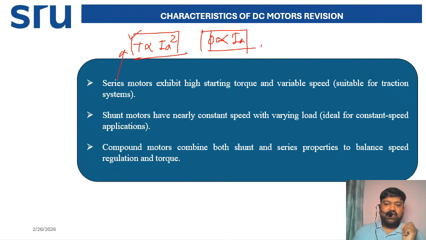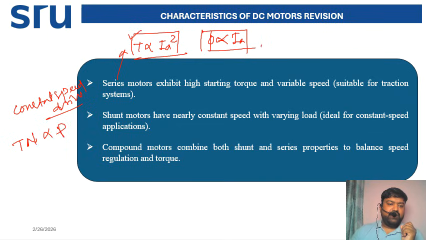Similarly, the shunt motor has nearly constant speed at varying load. We studied one characteristic, that is the constant speed drive. In the constant speed drive, the relation between torque and speed is directly proportional to the power.